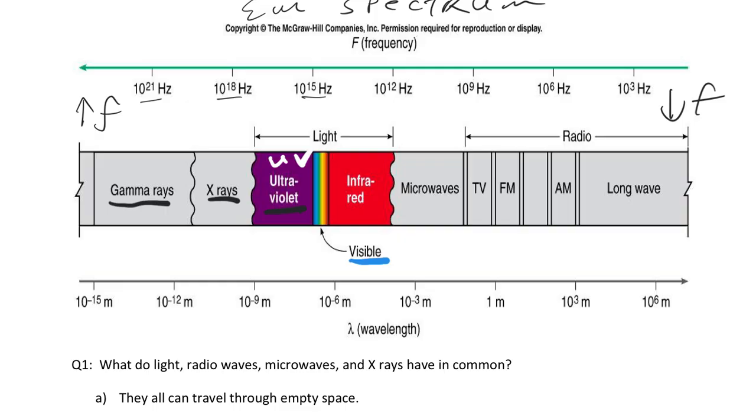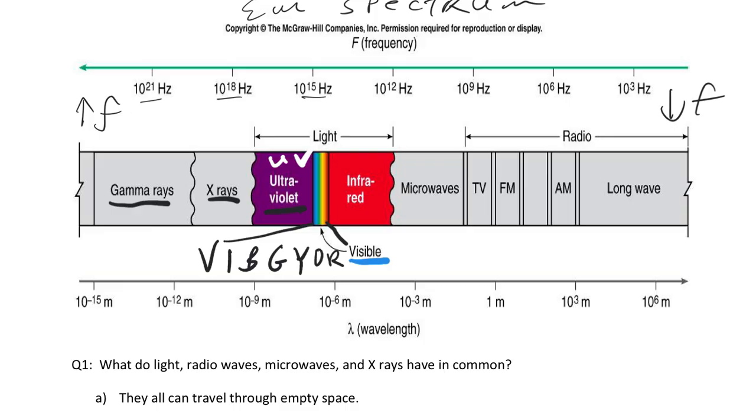So the order from low frequency to high frequency of visible light is ROY G. BIV. Okay, so that's how I remembered the colors of the rainbow. But because I'm ordering it from high frequency to low frequency on this spectrum, I do it backwards: VIB-GYOR.